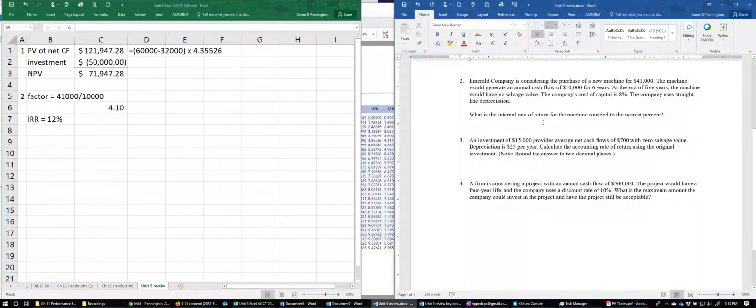So let's look at the third question. An investment of $15,000 provides average net cash flows of $700 with zero salvage value.